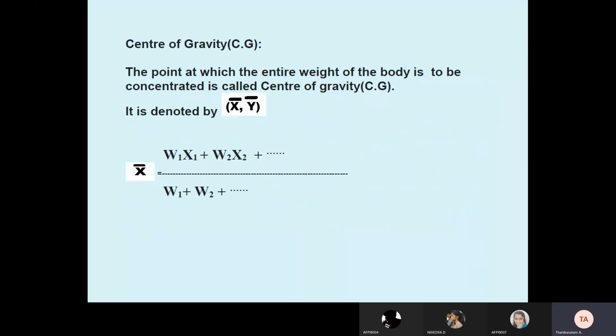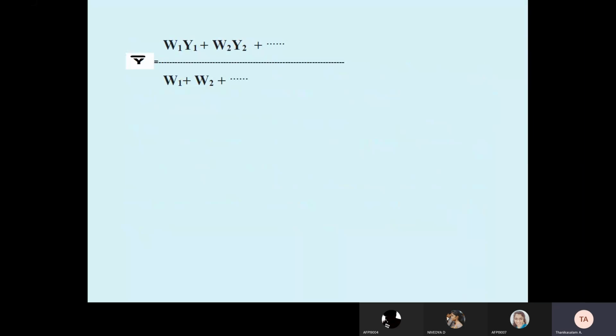It is denoted by x bar, y bar. X bar equal to W1 x1 plus W2 x2 plus etc. divided by W1 plus W2 etc. Then y bar equal to W1 y1 plus W2 y2 plus etc. divided by W1 plus W2. This is center of gravity.